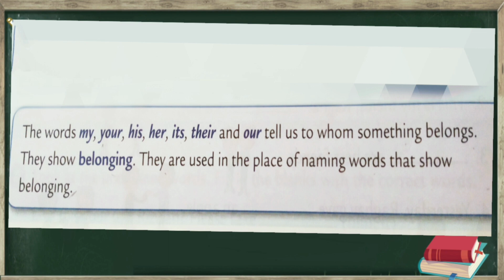For example, a book. If a book belongs to me, then I say it is my book. Book is a naming word. If that book belongs to someone else, then I say it is your book.